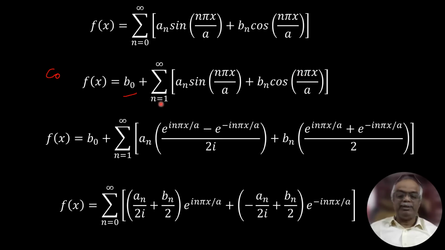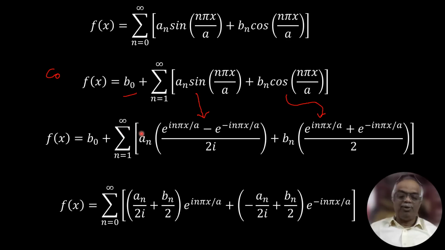Sine theta can be written as (e^(i theta) minus e^(minus i theta)) divided by 2i. That is, I have expanded the sine in terms of exponentials. The same goes for cosine theta: if you add these two exponential terms and divide by 2, you get cos theta.